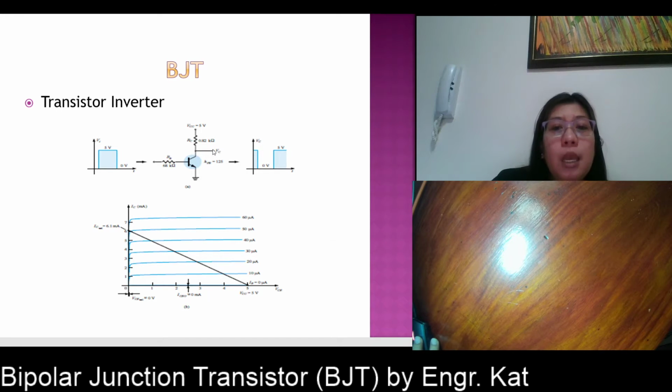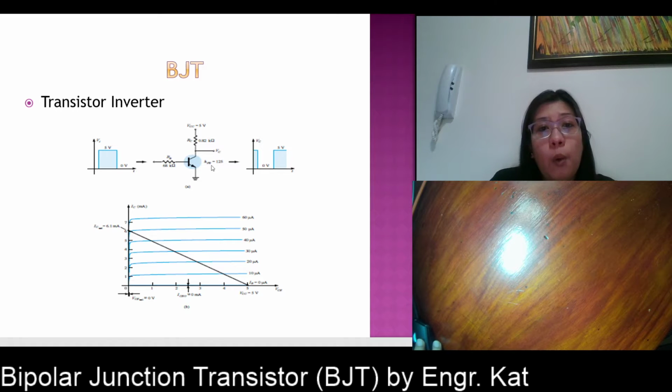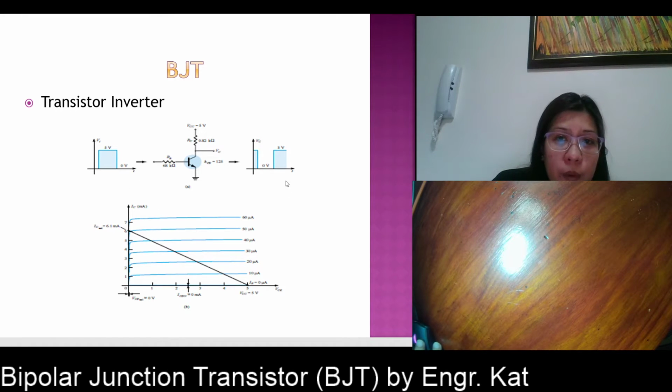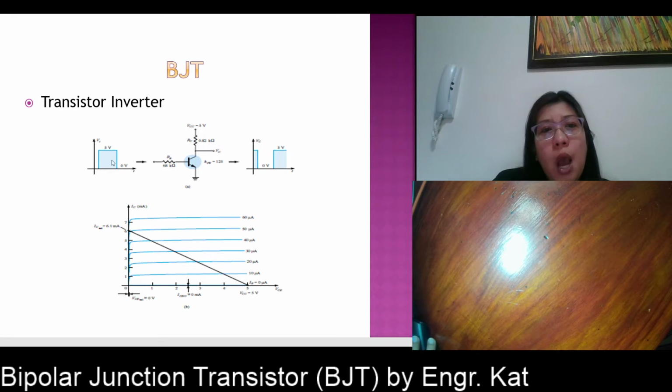When your input is equal to 0, your output is equal to 5 volts, or equal to your VCC, while when your input is equal to 5 volts, your output is equal to 0, and so on. This is how an inverter's input and output look.